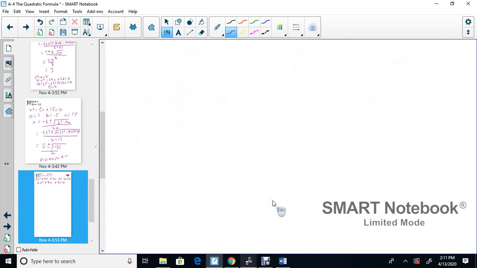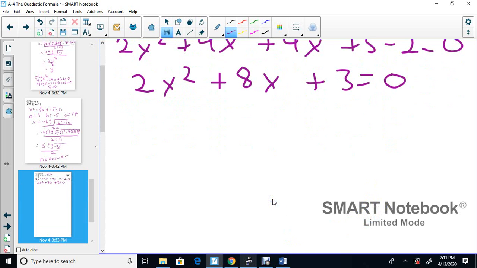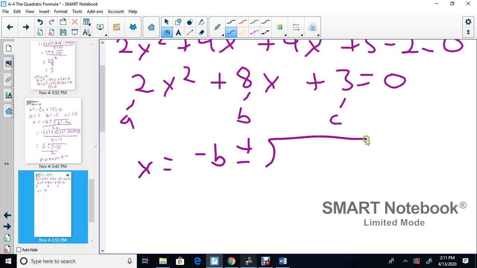Okay, let's go back up and I will now solve it. So I'm going to go right to the formula. I know that's a, I know that's b, I know that's c. I'm just going to jump right to the formula. X equals negative b plus minus the square root of b squared minus 4ac all over 2a.